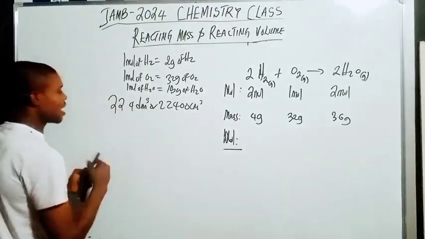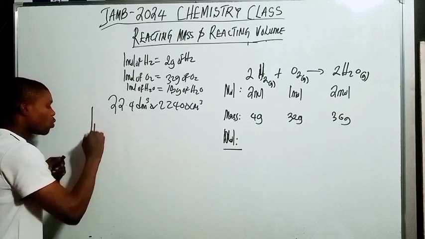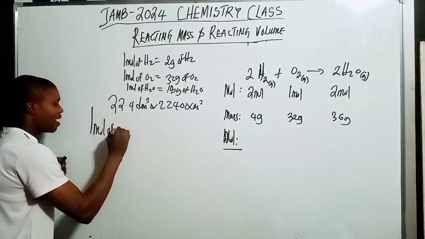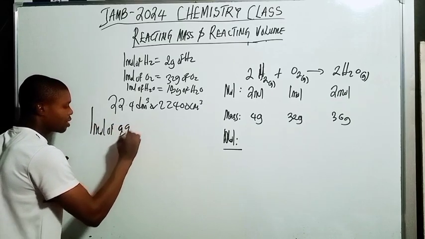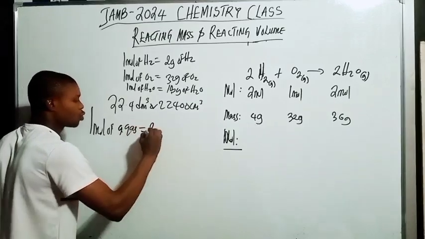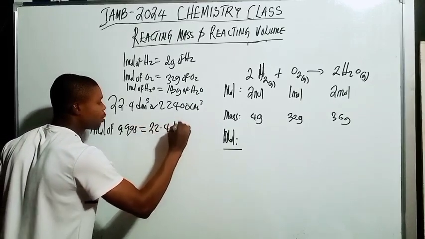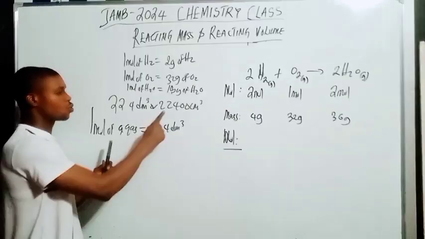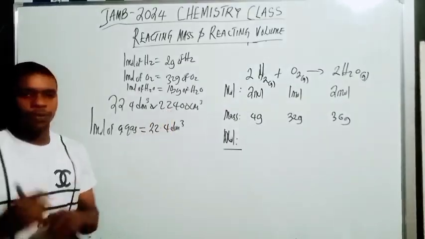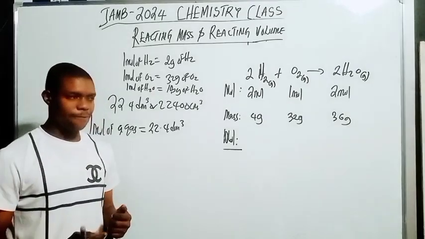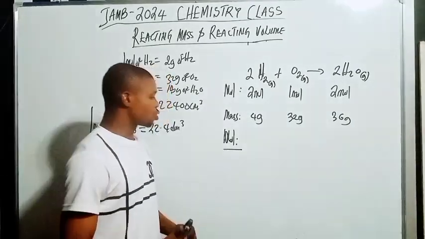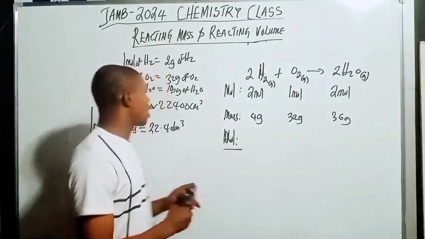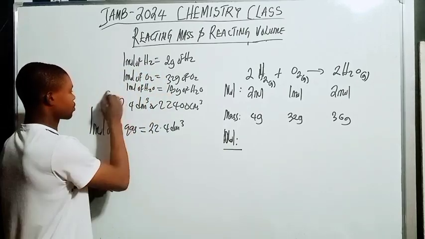And for every 1 mole of a gas is equal to 22.4 dm cube of that gas. Or 1 mole of a gas is equal to 22400 cm cube of that gas. Do you understand? So it's very important here. So the volume here, you are using this one here.